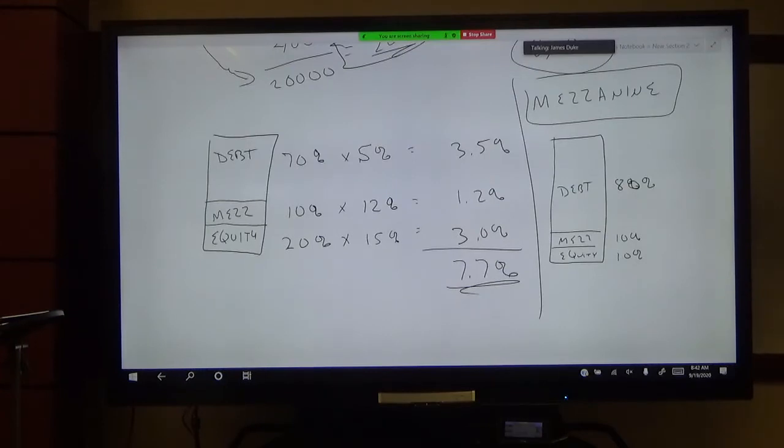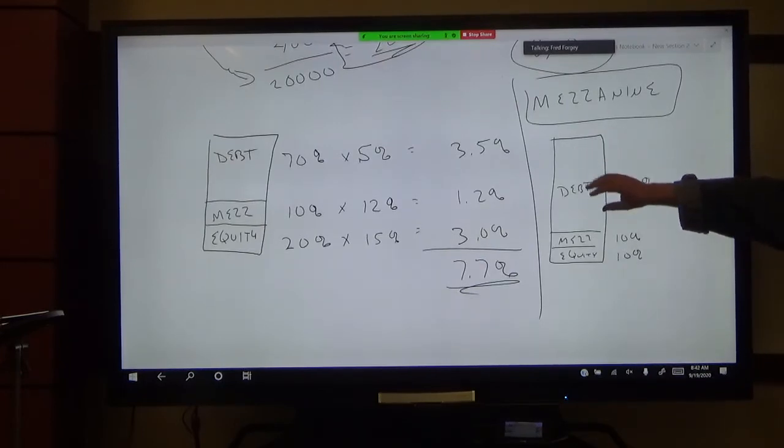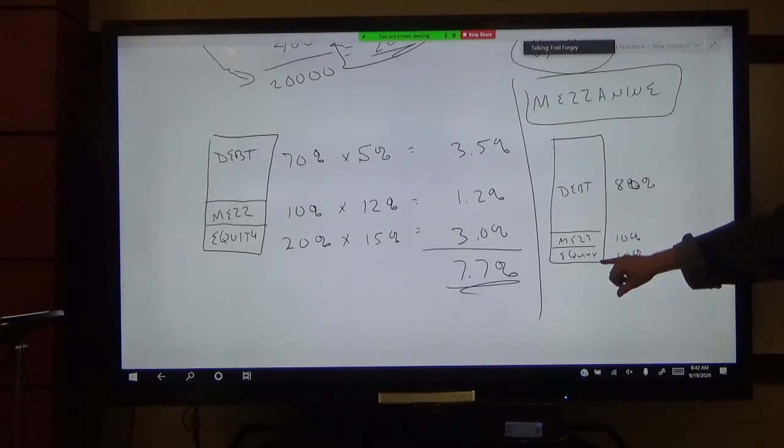But isn't the mezz debt subordinate to the lender? Yes. To the guy with 80%? Yes. In other words, priority-wise, the debt folks are the most protected, the mezz player is next, and equity is last.